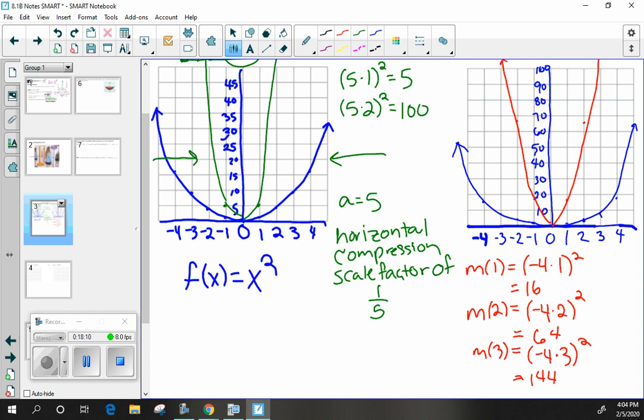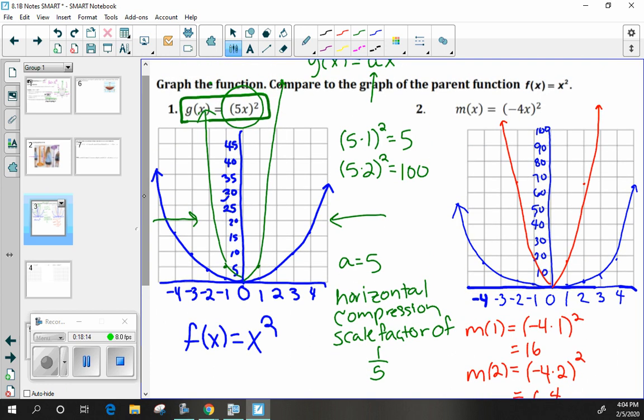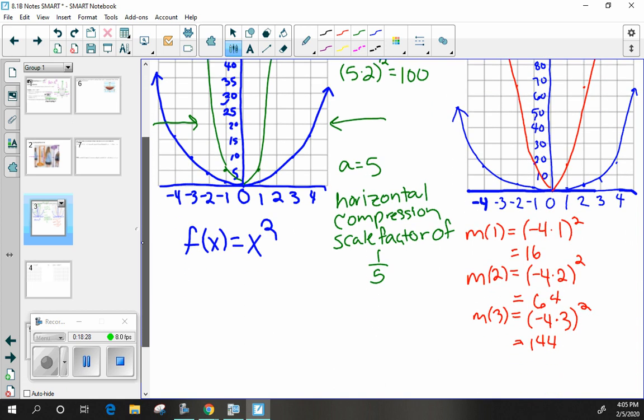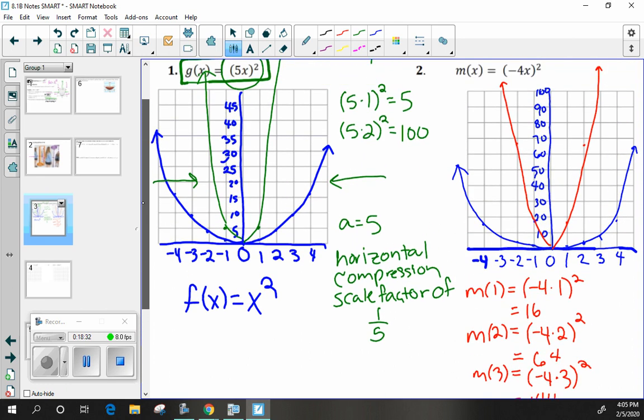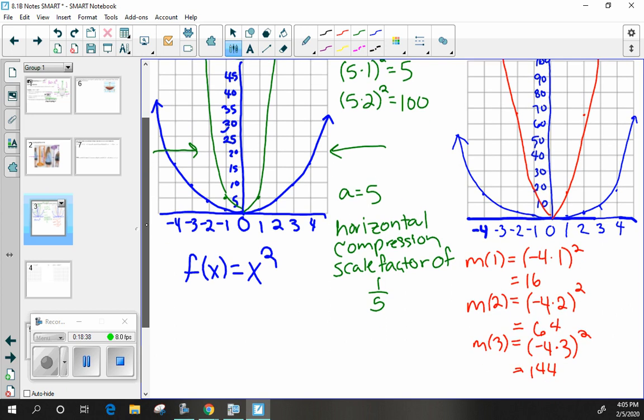Again, because that negative 4 is inside the parentheses, it has given us a horizontal shrink or compression with a scale factor of 1 over 4. And it's not a 1 over negative 4 because it's not opening down, because that negative is getting squared, which gives us all positives.